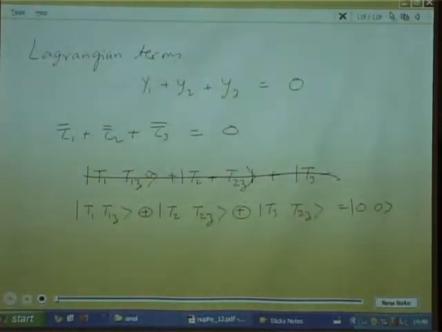So what does this mean? This means that I add 3 spins and get a 0 state. So it firstly means that my T1, T2, and T3 should satisfy the triangle inequality. Since we only have spin half particles and spin 0 particles, if you have spin half and spin half, the third thing can only be spin 1 or spin 0.